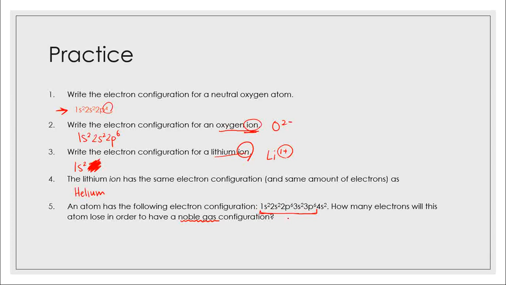All the noble gases stop at p6. And so really, it wants to lose 2 electrons. Remember, that's the goal. It wants to either gain or lose until it can get to the same position as a noble gas, which is 8 electrons, or if we're talking about the smaller atoms, then that would be 2 electrons.